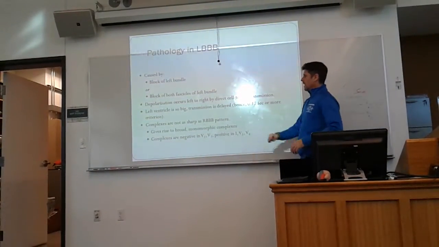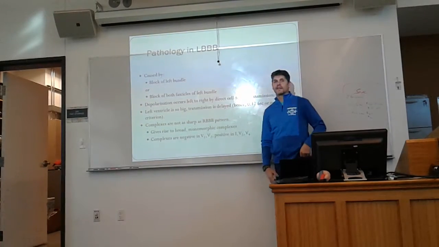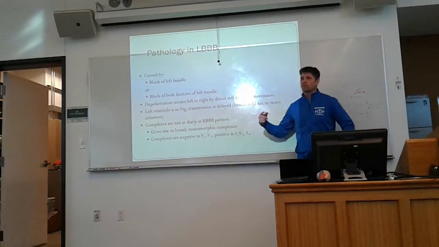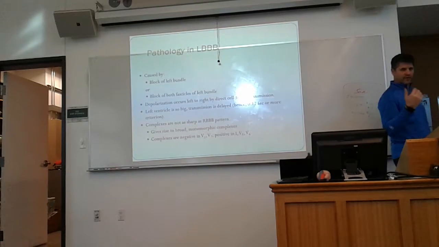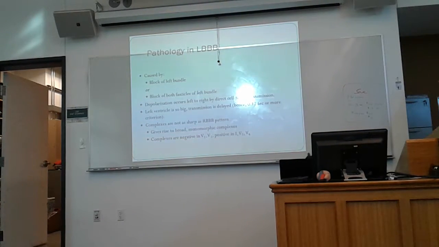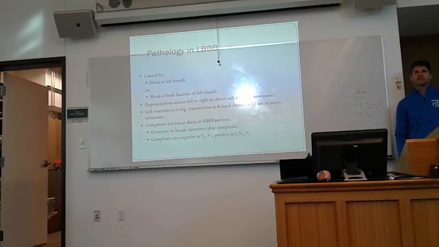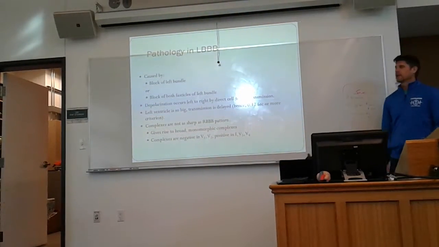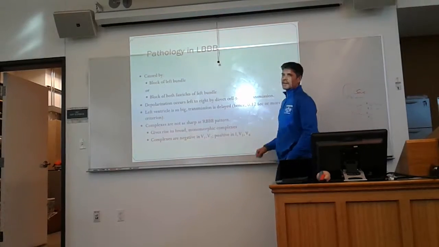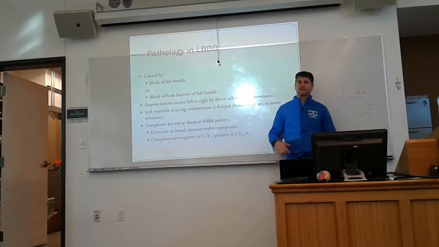Okay. Because we're on the left side, the complexes aren't as sharp. You notice, when you looked at all of those right-sided bundle branch blocks, if you look at them from a distance, for the most part, they just all look normal. The left side is not going to be that clear because the left side has a lot more muscle mass.